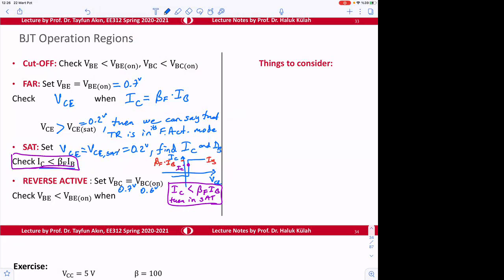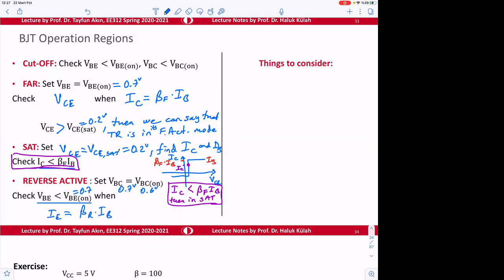And for this case, if the base-emitter is less than 0.7, then we know that I emitter is going to be equal to, the direction is important here, beta R times I base.